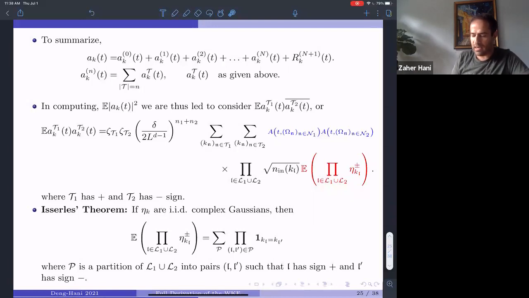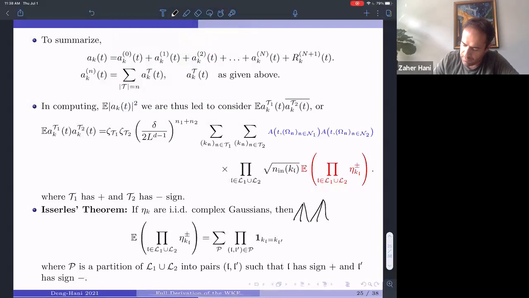So if eta_k are IID Gaussians, then the expected value of the product of those Gaussians is given as follows. You have leaves coming from all over those trees, and then maybe from the other tree you have other leaves, etc. Let me try to do a caricature. What you do is a pairing of those leaves.